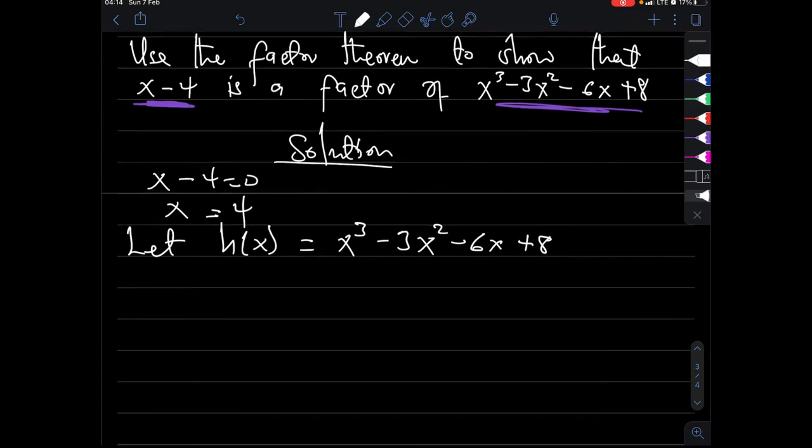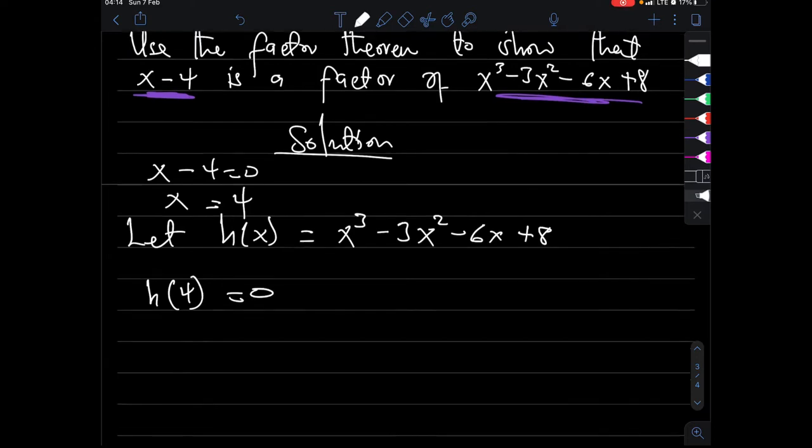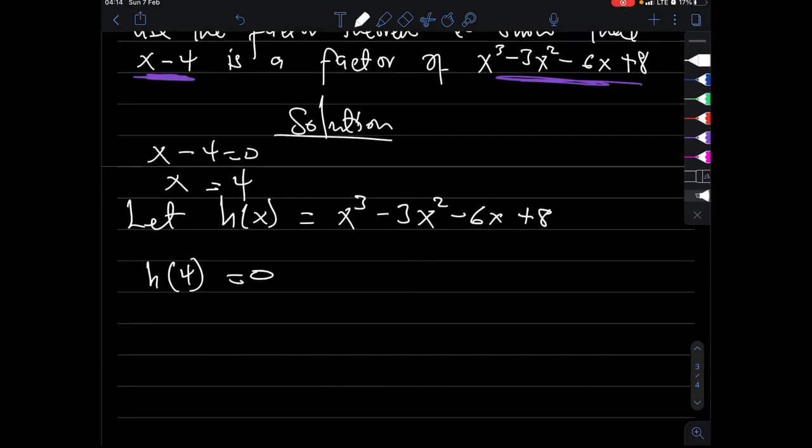If this is the case, then h of 4 must be 0. So let's verify that. h of 4 will be equal to 4 cubed minus 3 into 4 squared minus 6 into 4 plus 8.